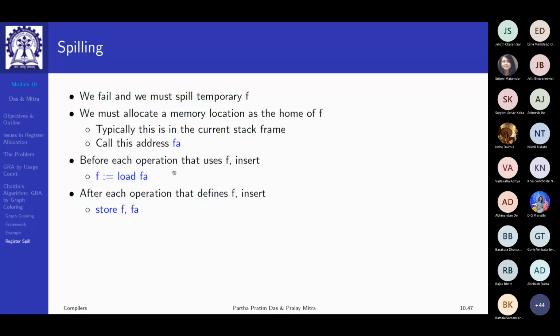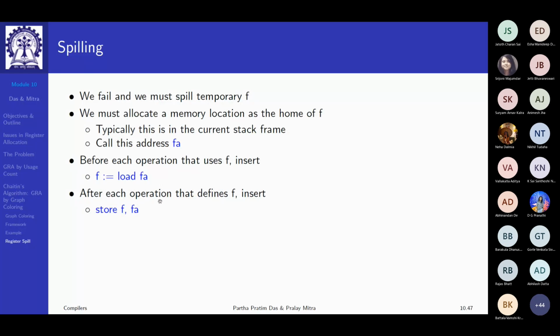Before every operation that will use F, I will not get the value of F in any register because I've spilled it. I'm not able to find a register for it. So I'll have to load that value from FA: F gets load FA.